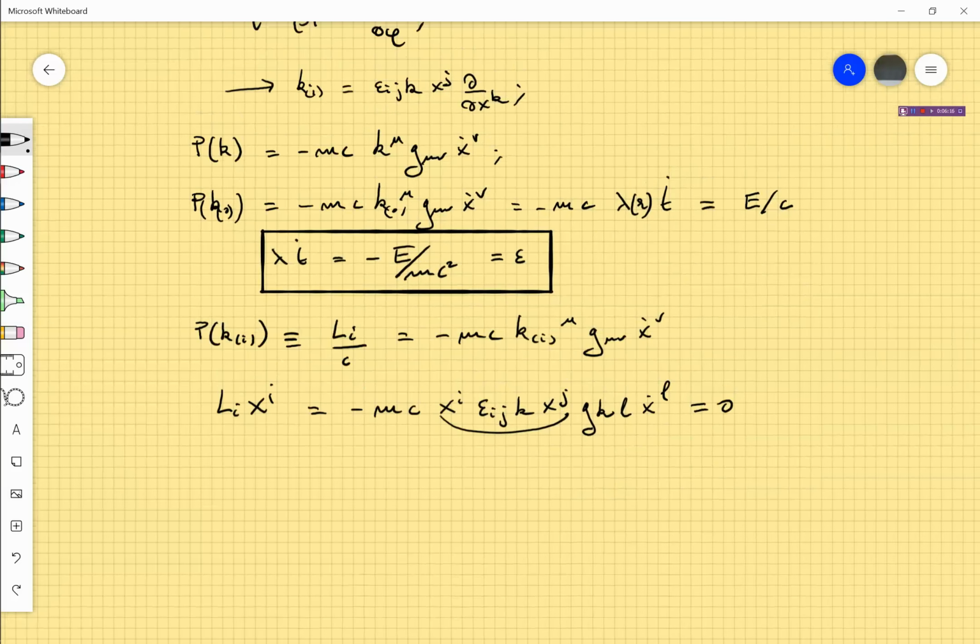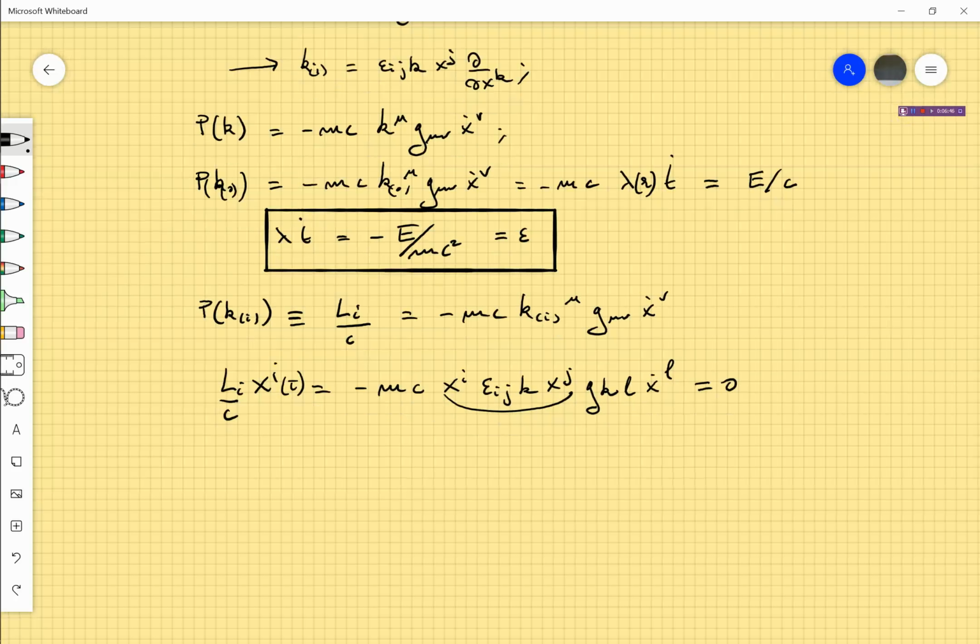What does it mean? Well, this equation means that if Li are the components of the angular momentum vector, the standard spatial components, this should be divided by c according to my definition, then the motion, because this xi refers to the components of the world line of a particle, the motion of the particle is contained in a plane which is orthogonal to Li.